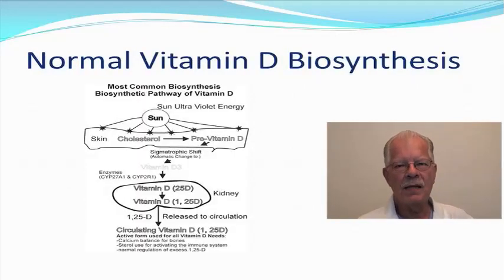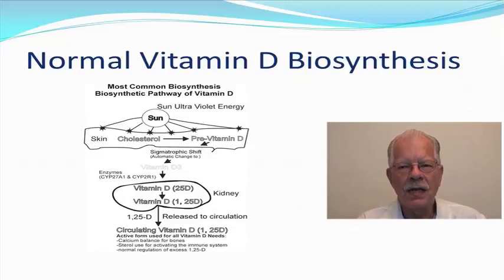Now, the normal mechanism of the biosynthesis of vitamin D all starts in the skin. The sun converts cholesterol to the first precursor called pre-vitamin D. And then there's a sigmoidal shift that creates the next step in the vitamin D production.